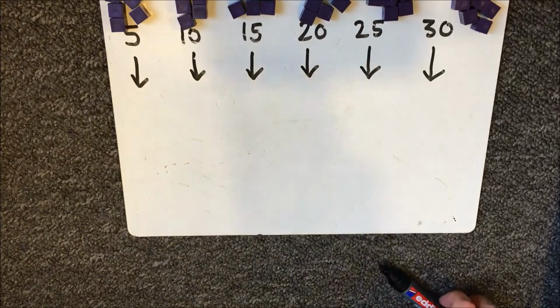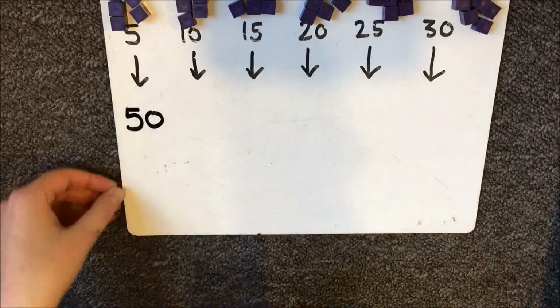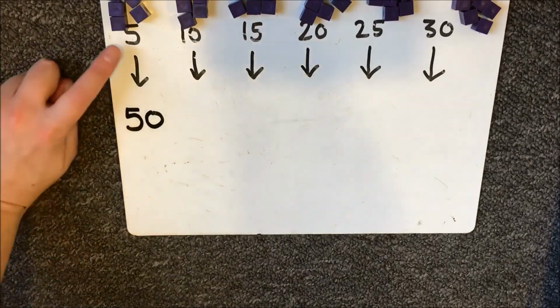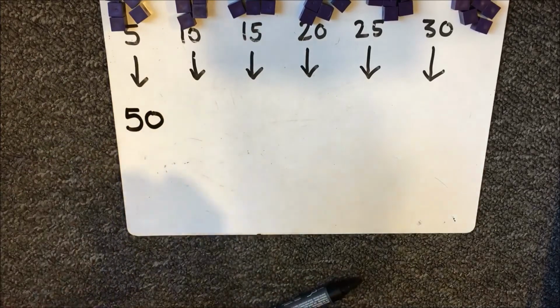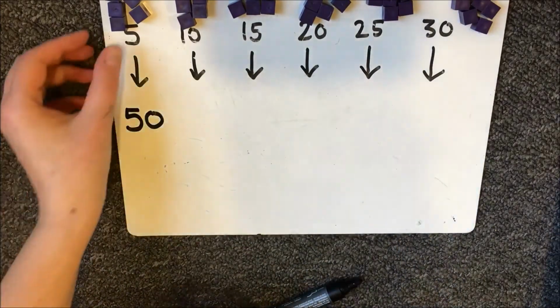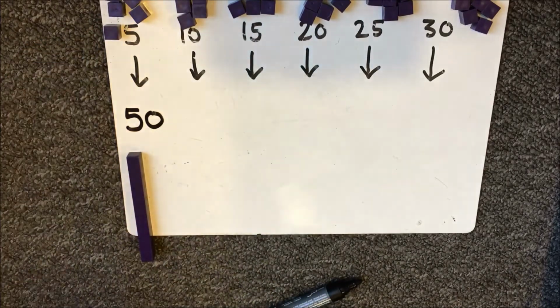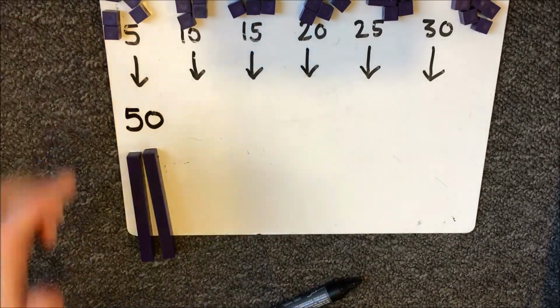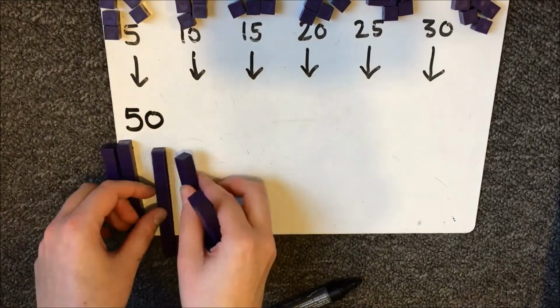Now, if I want to count in 50s, and we know my first one's going to be 50, what do you notice has happened? Here we have 5 1s. Here we have 5 10s. So it's got 10 times bigger. This one has turned into a 10, and the other 2 have turned into 10s.